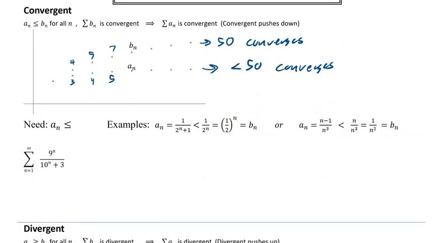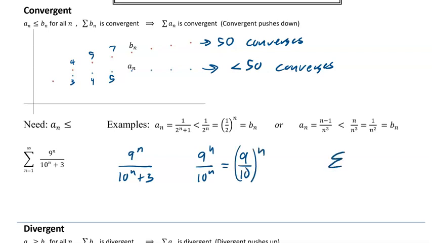If you look at this one, we can see that we have some general term here that is geometric, right? So if we look at just that general term, we can see that it really is basically this, and we know that the sum from n equals 1 to infinity of (9/10)^n is convergent because r, which equals 9/10, is less than 1.